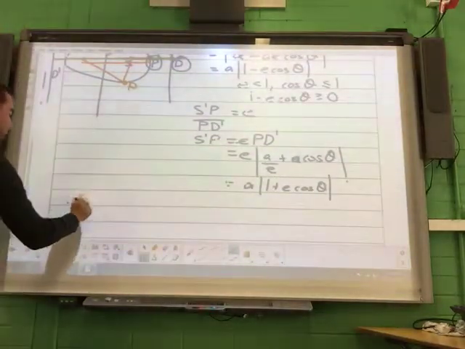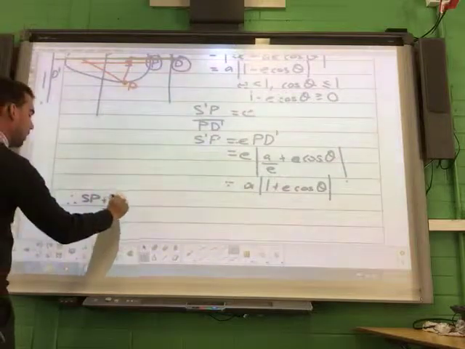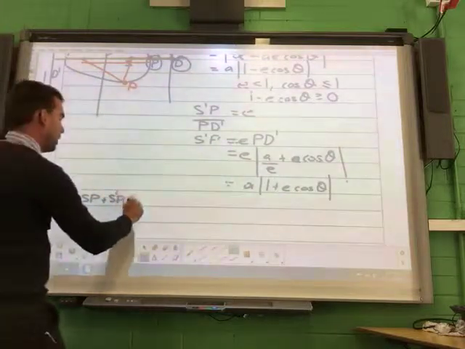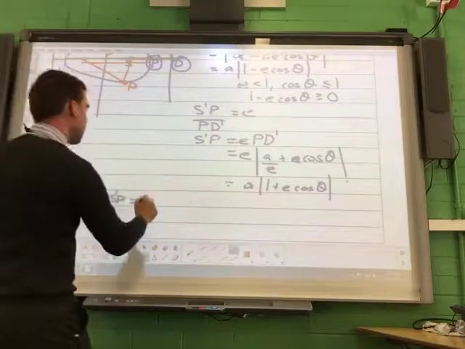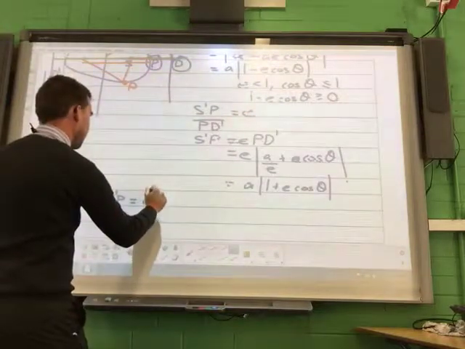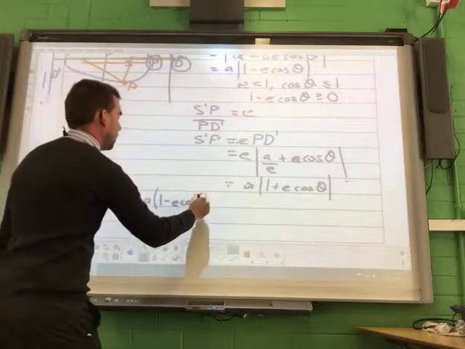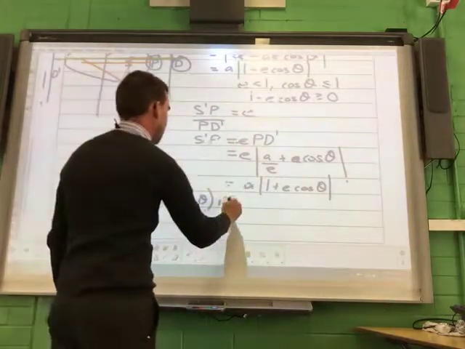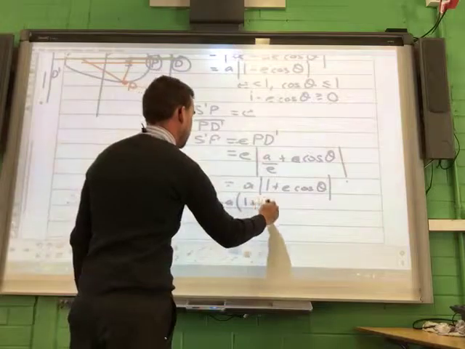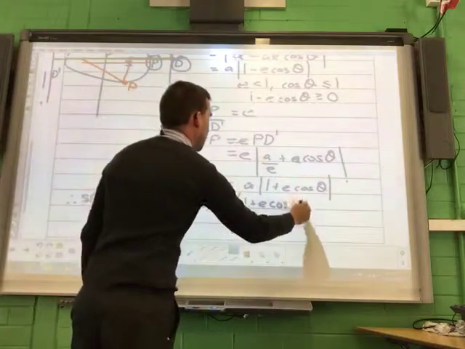So therefore, SP plus S prime P is equal to A(1 take away E cos theta) plus A(1 plus E cos theta).